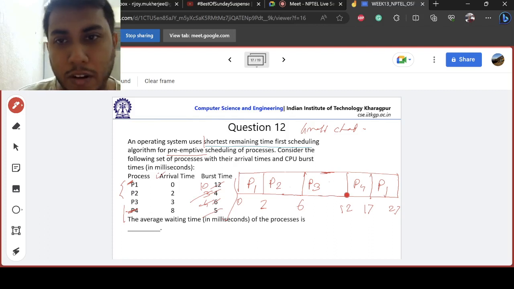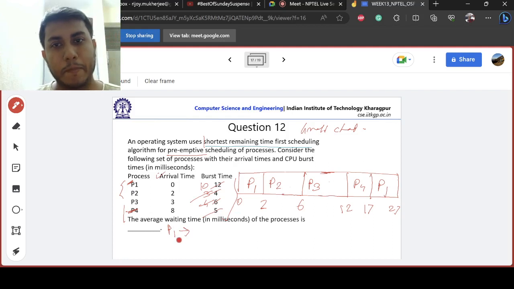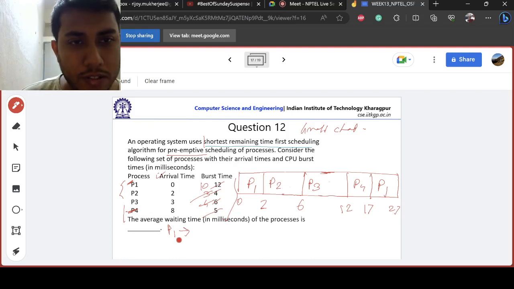Now we need to find out the average waiting time of each process. So let's calculate the waiting times one by one. For P1, what is the waiting time?